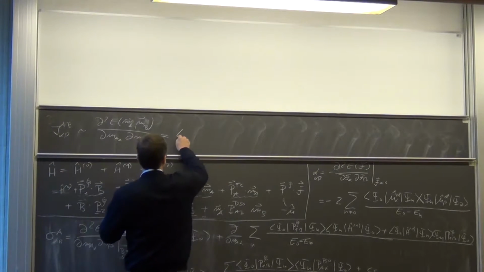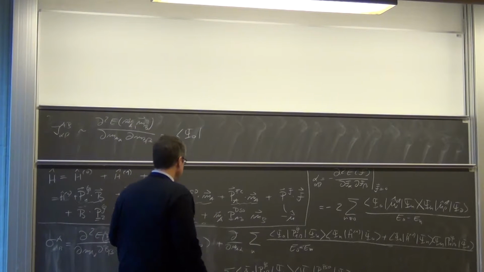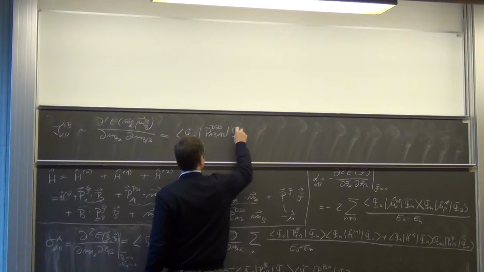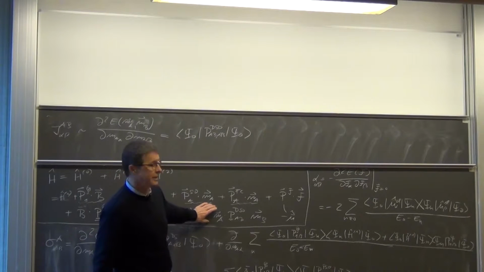So I get from the second order energy, from the second order Hamiltonian, I get this contribution with P, diamagnetic spin orbit, A, B, and now the alpha beta component of this operator, which is a tensor operator, which is just the second derivative of an energy having this as the second order Hamiltonian.